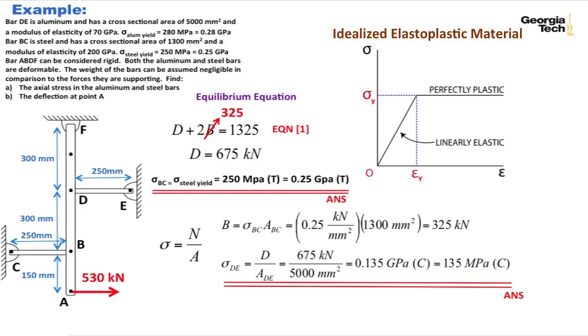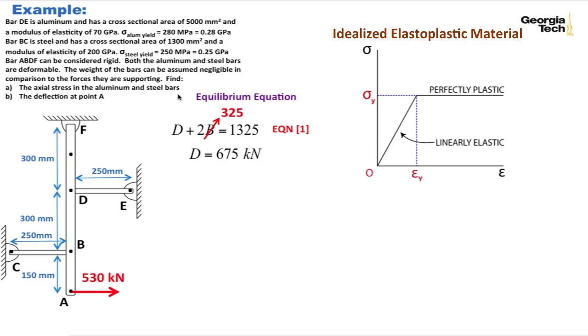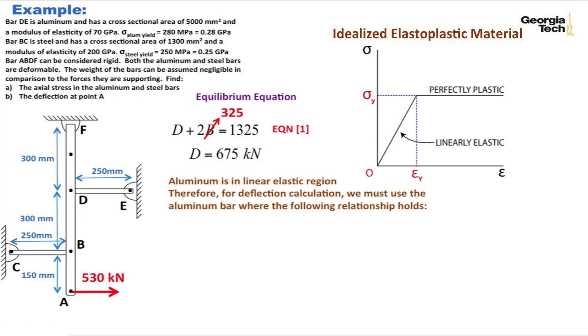So we now have found both the axial stress in the aluminum and the steel bars. What we want to do finally is to calculate the deflection at point A. In calculating the deflection, we must use the aluminum bar because that's the only one that our deflection calculation, delta equals PL over AE, will hold.